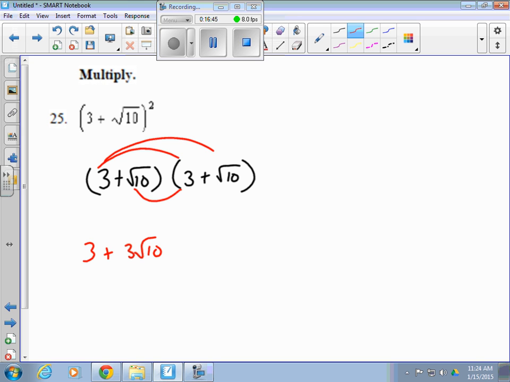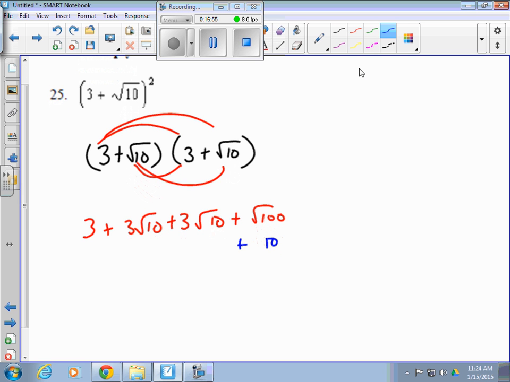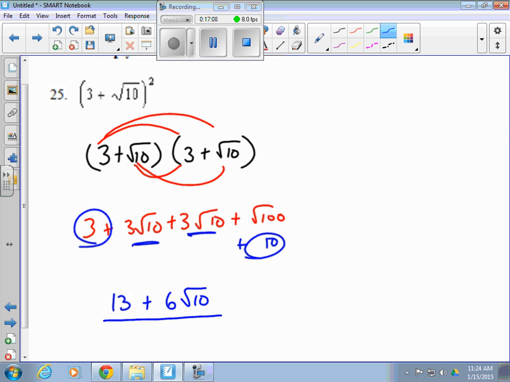Square root of 10 times square root of 10 is the square root of 100. We know what the square root of 100 is. That's plus 10. So combine your like terms. 3 and 10 is 13. And 3 square root of 10 plus 3 square root of 10 is plus 6 times the square root of 10.